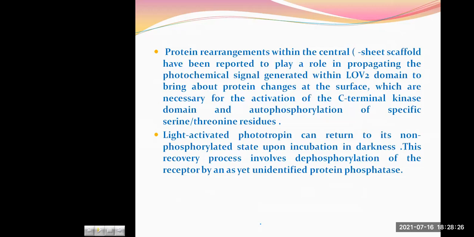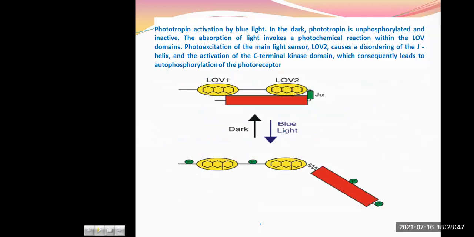Phosphorylation means addition of phosphate, and dephosphorylation means removal of phosphate. So by removal of phosphate, phototropin becomes inactive, and by addition of phosphate, phototropin becomes active. And the addition of the phosphate group occurs at the C-terminal, so the C-terminal is the actual site for action of phototropin.